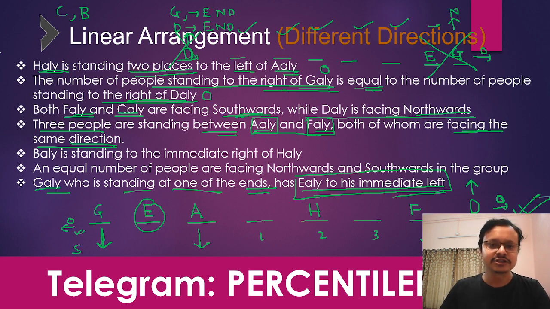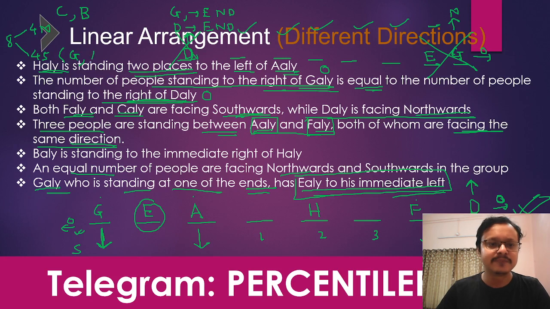What about directions? Out of the 8 people, an equal number of people are facing northwards and southwards. So 4 people are facing north, 4 people are facing south. Who are those facing south? One of them is Gali, one is Ali, one is Fally.